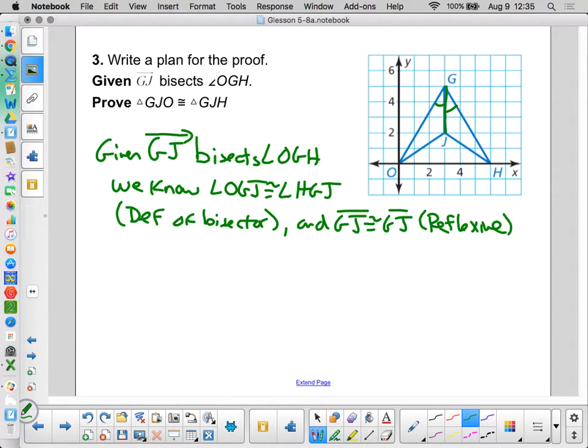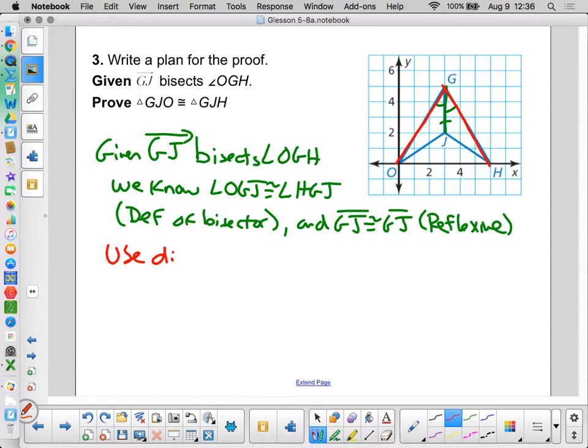Okay, so I've got this side and this angle. I either need another angle, and again, it's hard to prove things about angles, but sides are easy to prove things about. So if I want to do side, angle, side, which side would I need? To do side, angle, side, I need GO and GH. So now show, or use it, you could phrase it a different way. I'm going to say it this way.